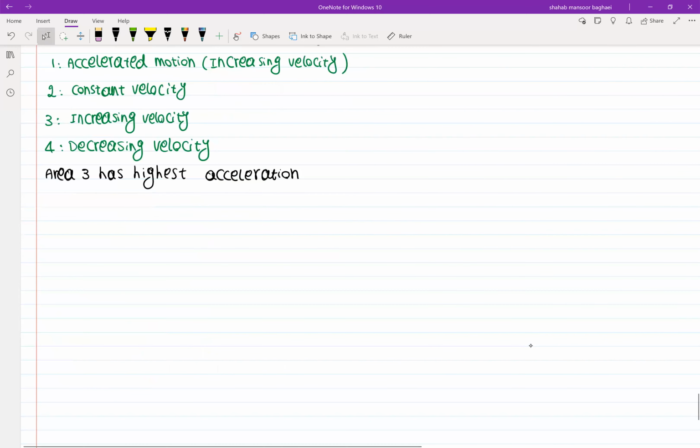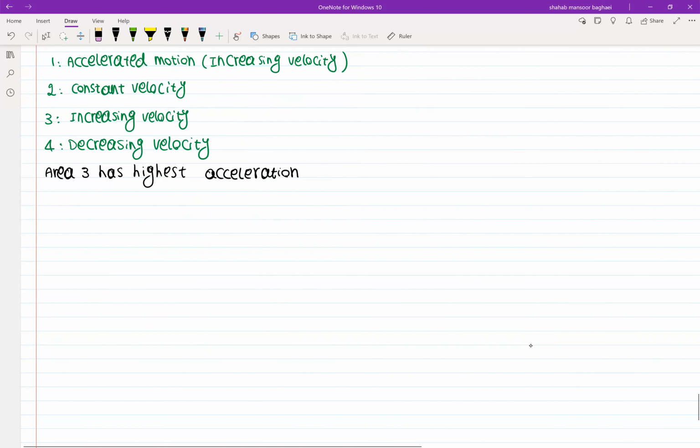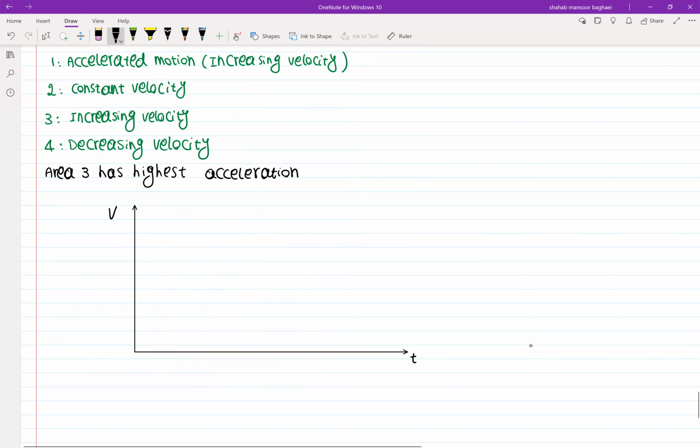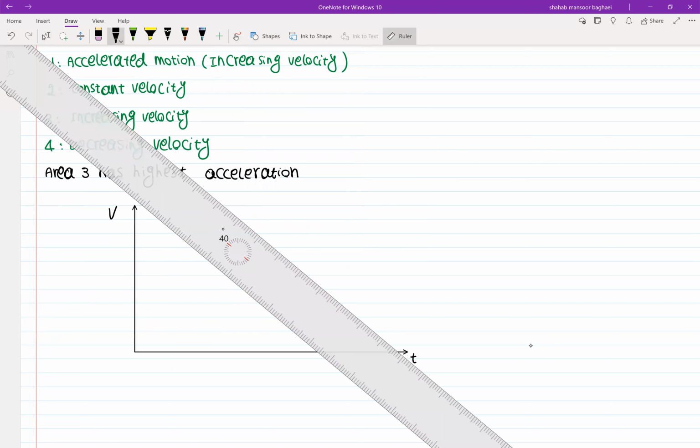Now look at this graph here. Next example. Imagine this is V, vertical axis is velocity, horizontal axis is time.